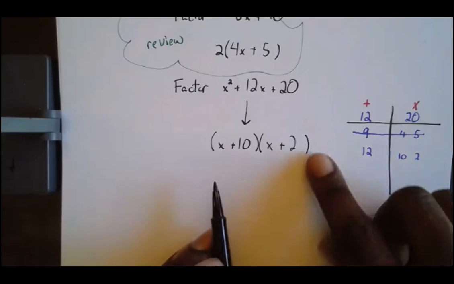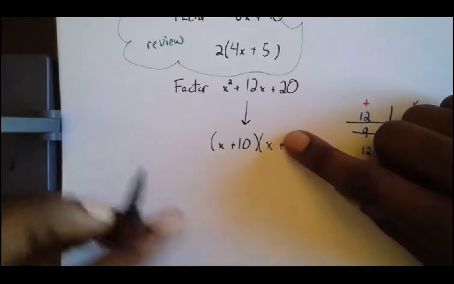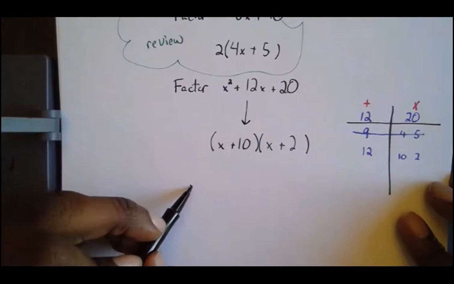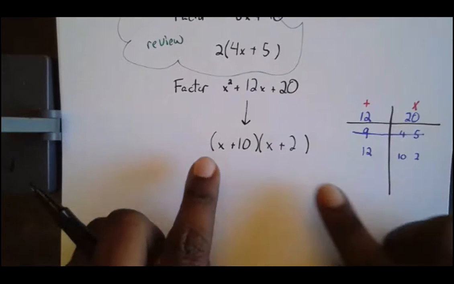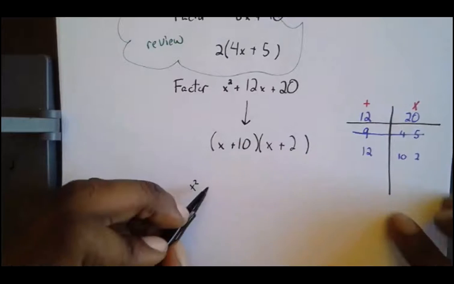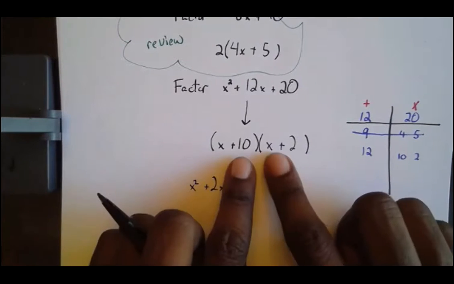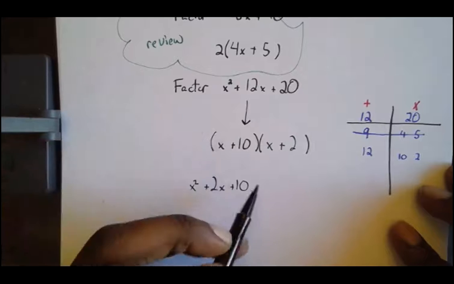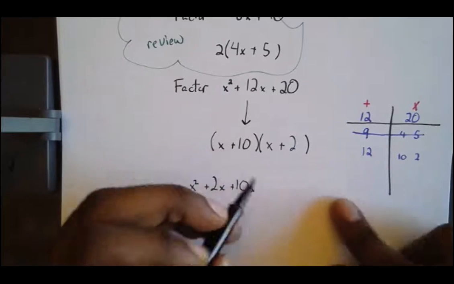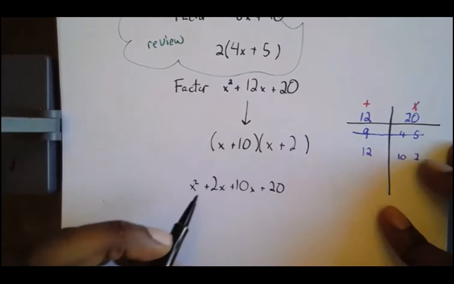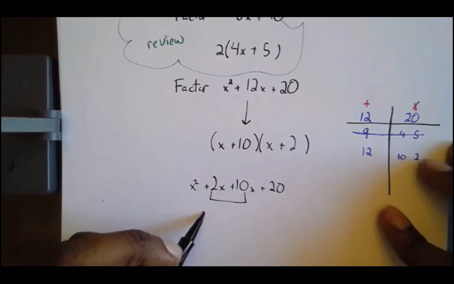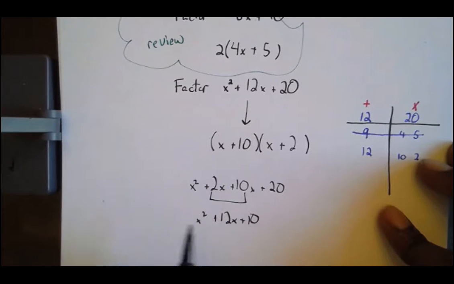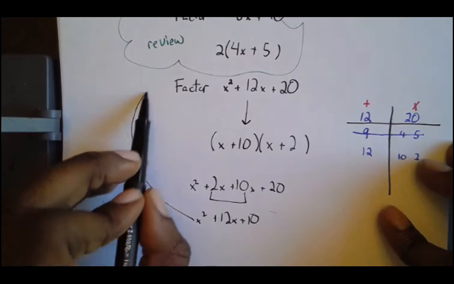If I were to check my answer by FOILing it, it would be X times X, outer 2X, inner 10X, and 10 times 2. And if I were to add these middle terms together, right now I'm checking my work, we get back that again.